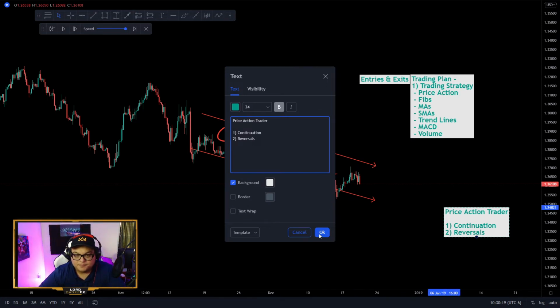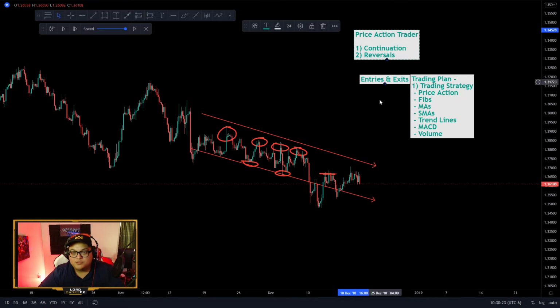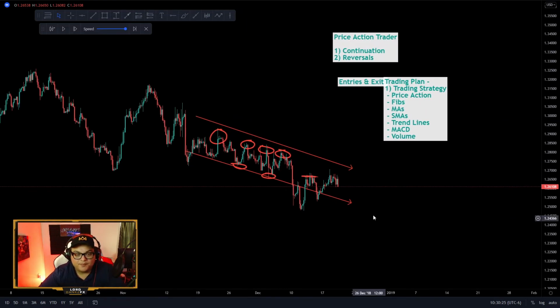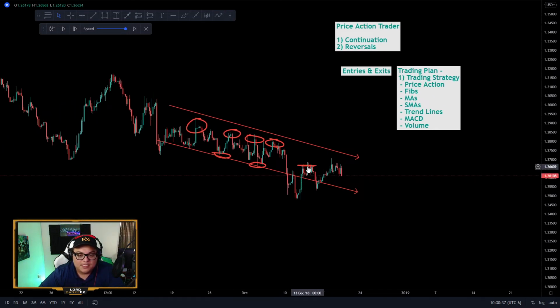Okay. These are my two patterns that I'm looking for. This is continuation. Breaking market structure is a sign of reversal. But I don't enter here. I let the price action tell me when it's ready. So now that I've broken new highs, what do I do?